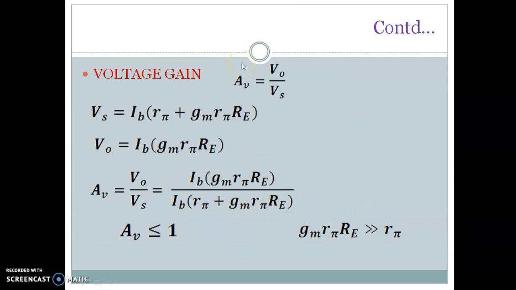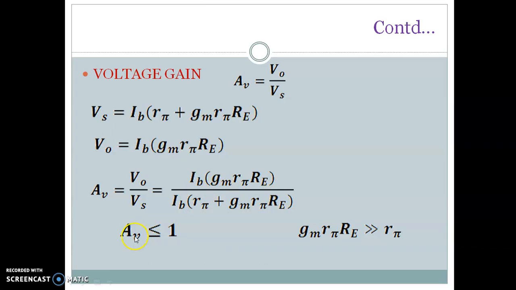Next, voltage gain. AV is equal to V0 by VS. VS is nothing but the drop across your r pi plus the drop across your emitter resistor. Drop across your emitter resistor is V0. So we write AV is equal to IB times gm r pi RE, which is the emitter drop, divided by the r pi drop plus the emitter drop.